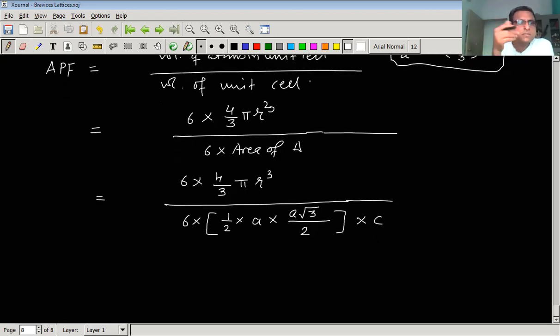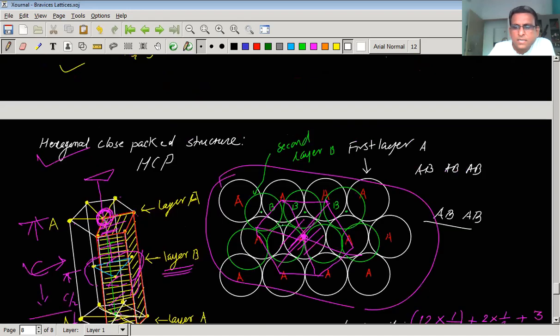So now the remaining part is just we have to simplify all these things, and also in this case A is equal to 2R. Now what is A? A is the distance between two atoms or base of that triangle, and that happens to be 2R. What is R? R is the radius of the atom. So how atoms are placed? Here it is.